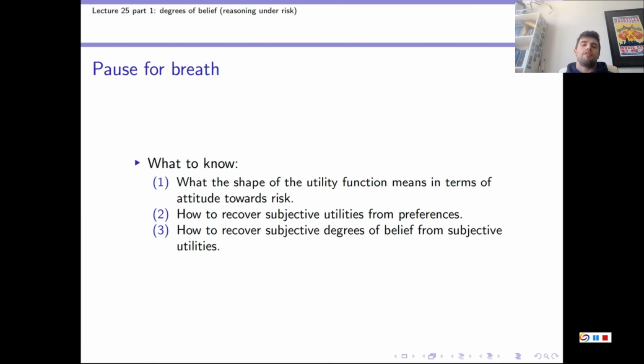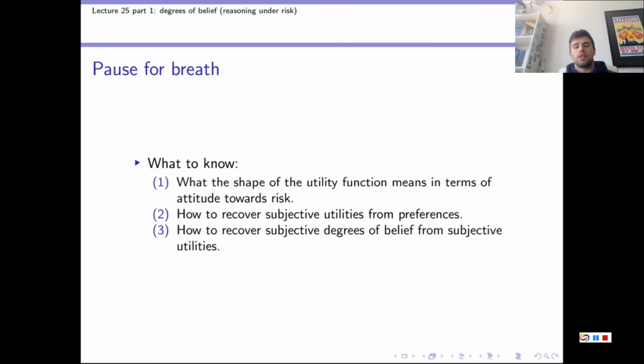And we've seen that if we have preferences over lotteries that satisfy the conditions, which remember we don't need to know what they are, we're just assuming that they hold in this course, then just using our preferences alone, we can figure out our subjective utilities, and in turn we can figure out our subjective degrees of belief. And what this means is that we can predict how people will choose under risk, even if we don't know how they feel about risk per se. All we need to know are their preferences.